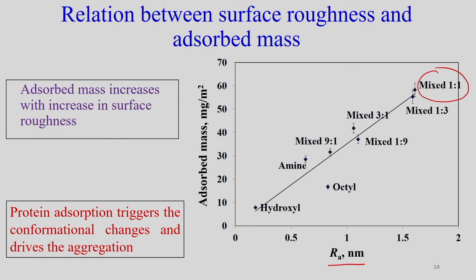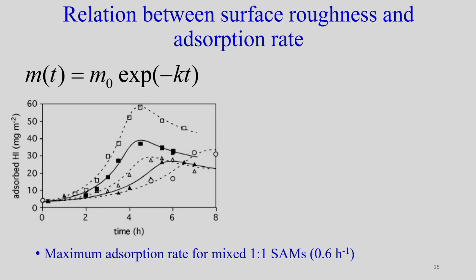So, what is happening is, because of the protein adsorption, it triggers the conformational changes, and those conformational changes further lead to the aggregation of that particular protein. So, this is the adsorbed mass of the protein with time.